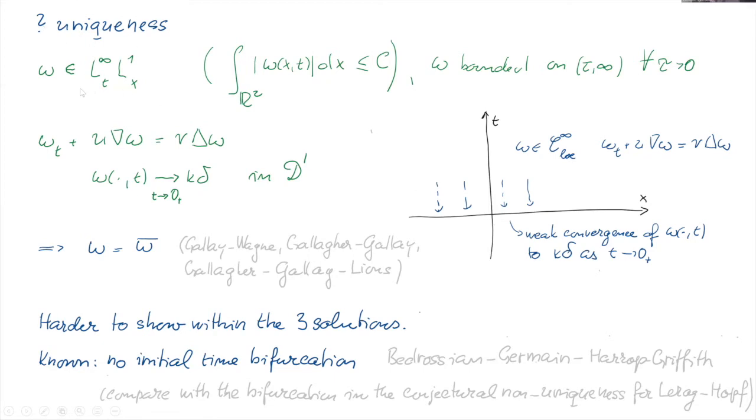And the uniqueness result is essentially optimal in this case. If you take a solution omega, which is bounded in time in L1, so the integral of absolute value of omega is uniformly bounded in time, and you assume that the solution converges to Dirac mass as t goes to 0 in distributions, the weakest possible convergence, then the solution has to be our explicit solution given by the heat equation.